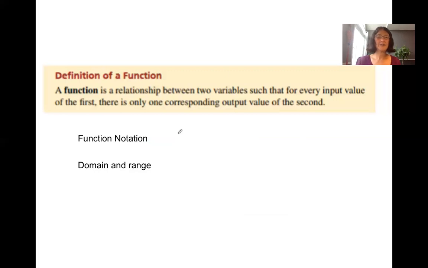So, the definition of a function. A function is a relationship between two variables, such that for every input value of the first variable, there is one and only one corresponding output value of the second. For the function notation, we use f(x).